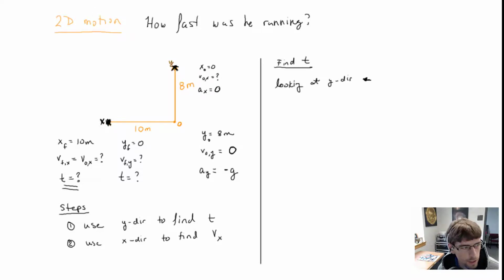And let's take stock. If I look at the y direction variables, how many things don't I know? I don't know my final speed in the y direction, and I don't know my time. So I better choose the equation that doesn't have time and has final speed. Strike that, swap it. I need the equation that has the time and not the final speed. Willy Wonka moment there.